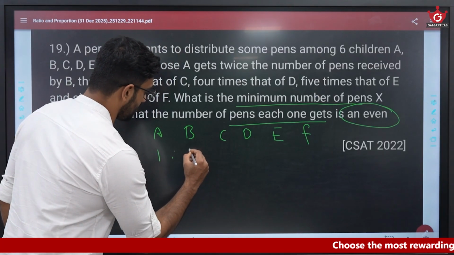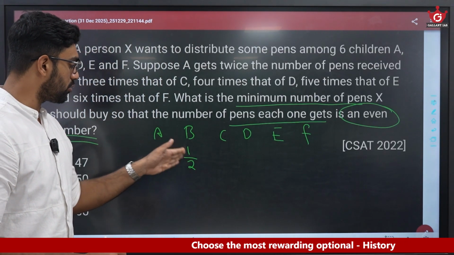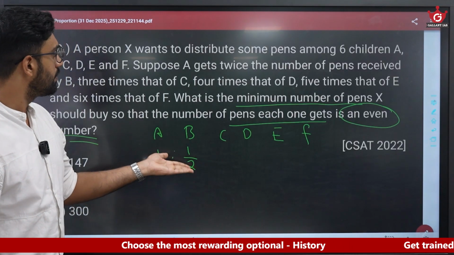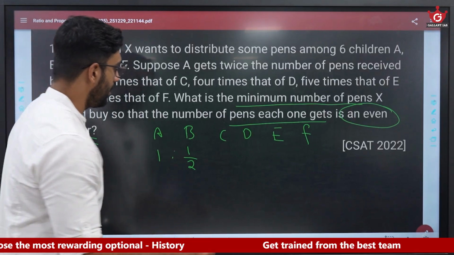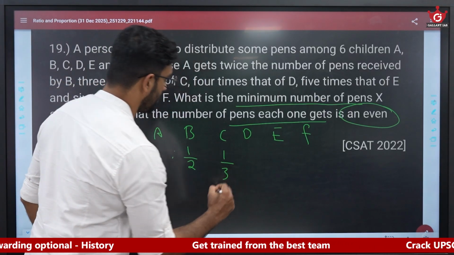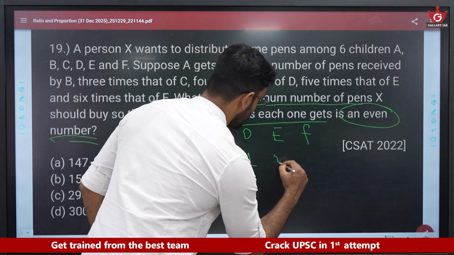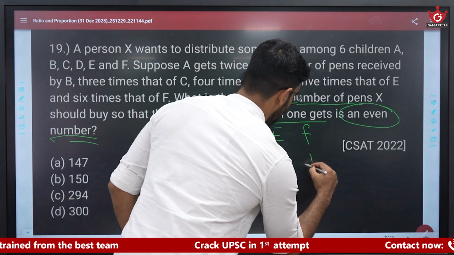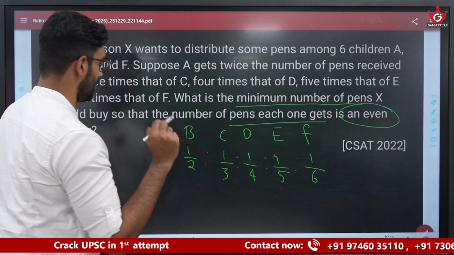So B is equal to 1 by 2, which means A gets twice the number of pens that B gets. C is 1 by 3, D is 1 by 4, E is 1 by 5 and F is 1 by 6. So it satisfies the given conditions.